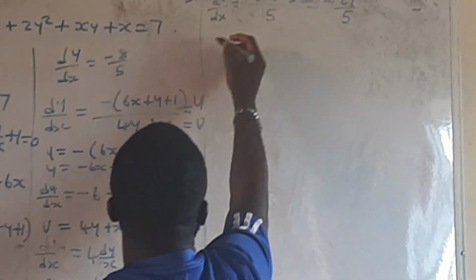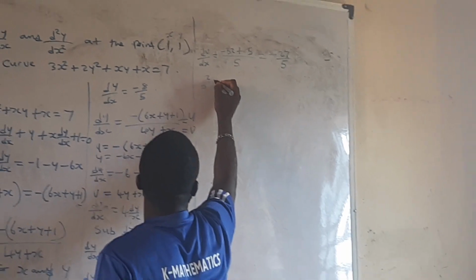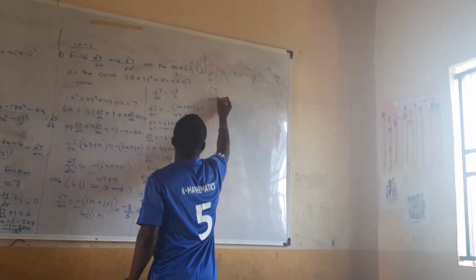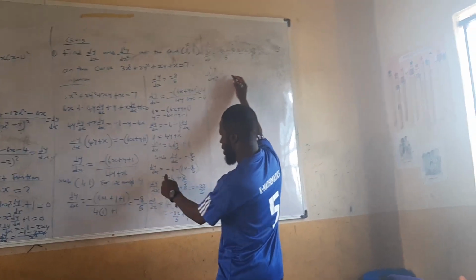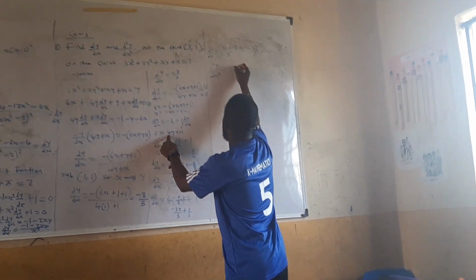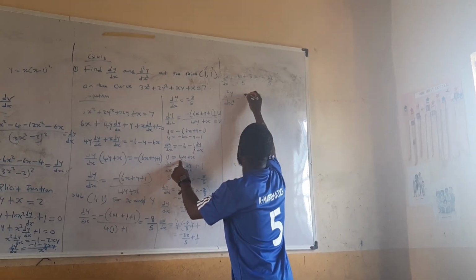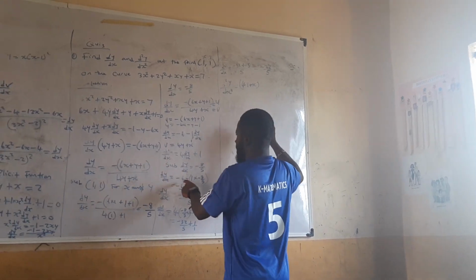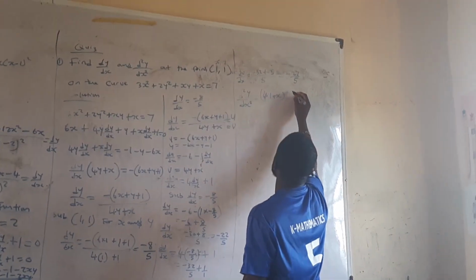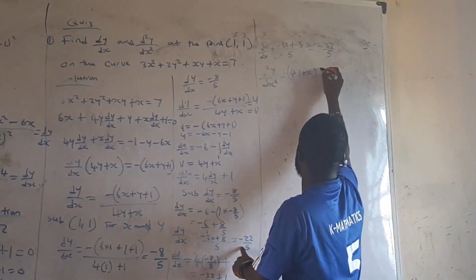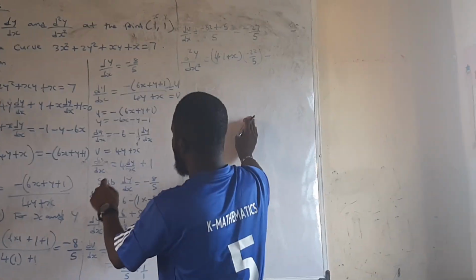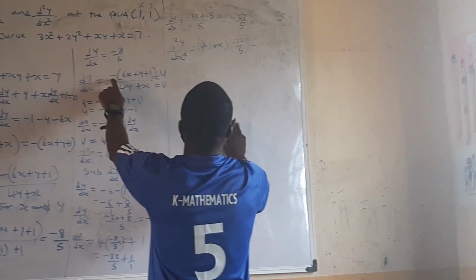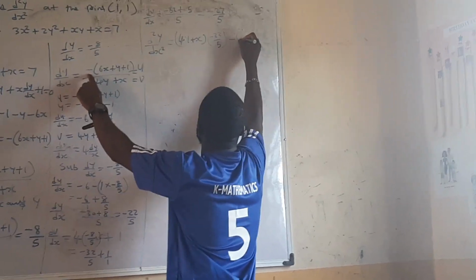So that means to now solve this, your d²y/dx² will now be equal to u, v, what's our v? Our v is 4y plus x. Then we said du/dx, following that formula, that's times minus 22 over 5 minus our u.